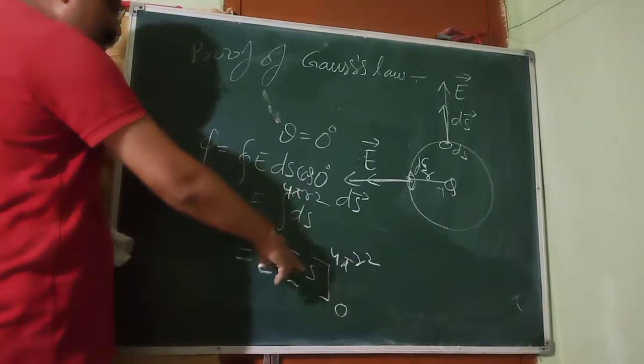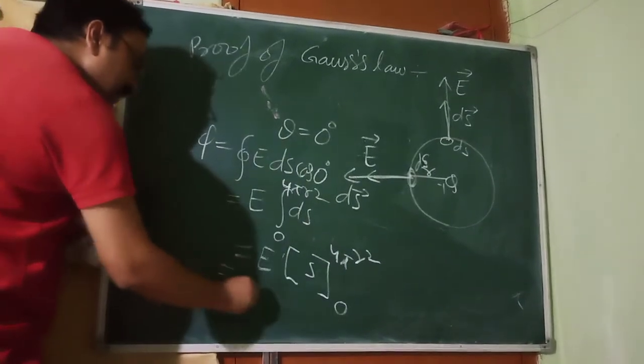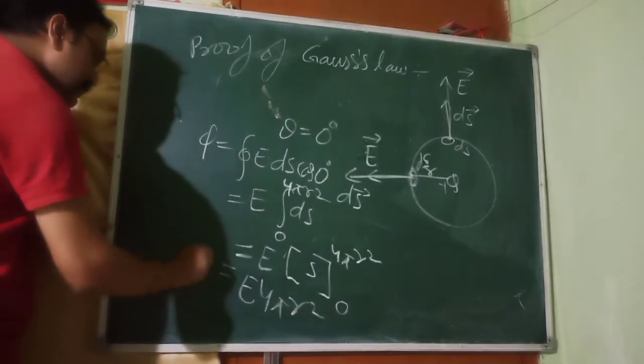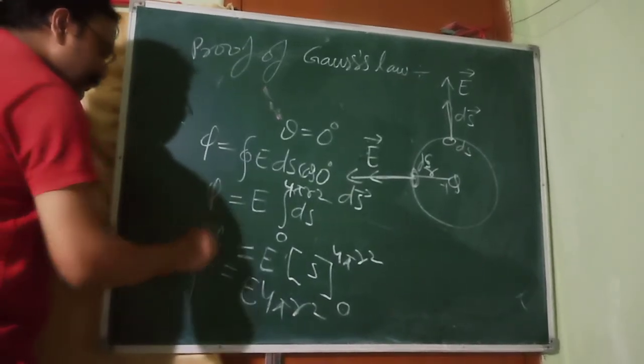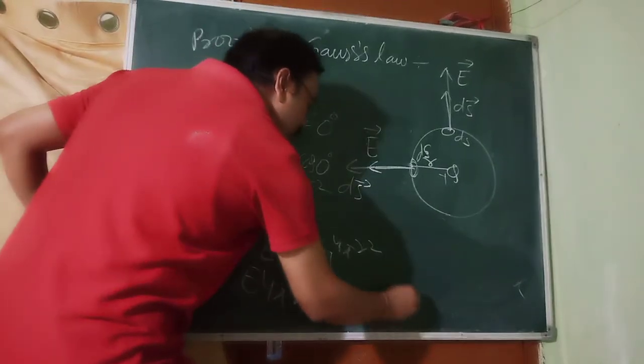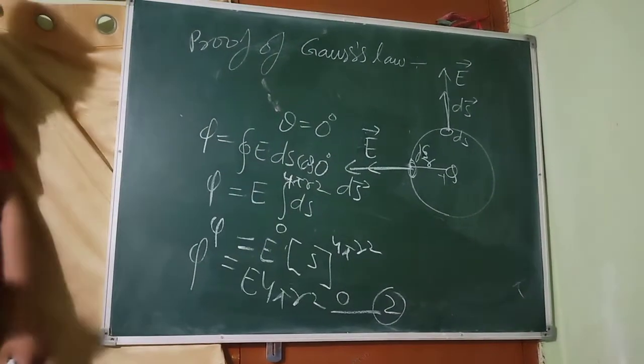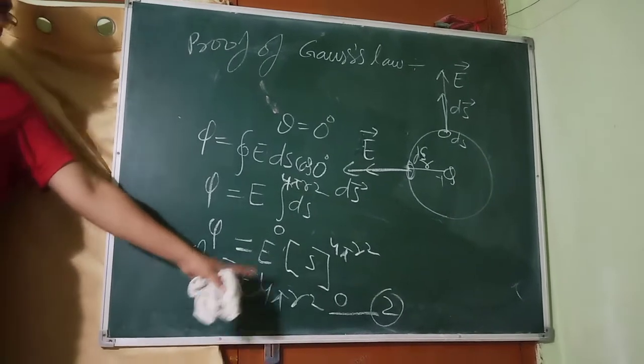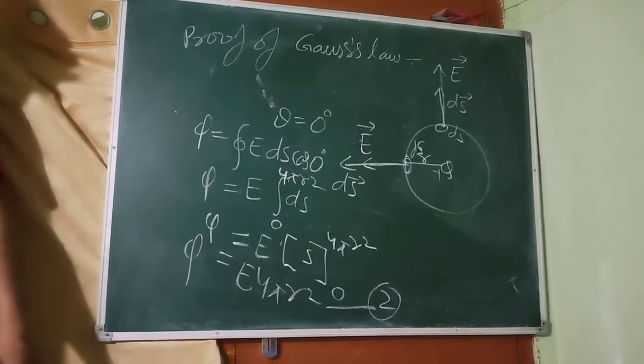So 4 pi r square minus 0, how much will you get? E into 4 pi r square. That's what you will get. This is the flux. Okay. This is our equation number 2. Earlier we have written equation number 1 for electric field intensity, and here we have written this expression for flux as equation number 2.